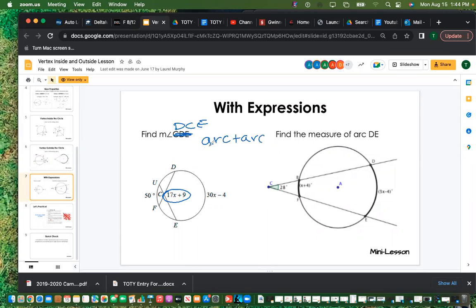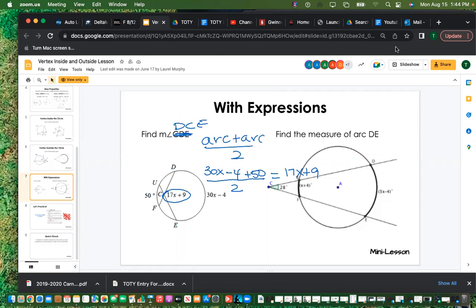So you're going to take 30x minus 4, add it to 50, divide it by 2, and set it equal to 17x plus 9. So here it is again: I did arc plus arc, divided by 2.